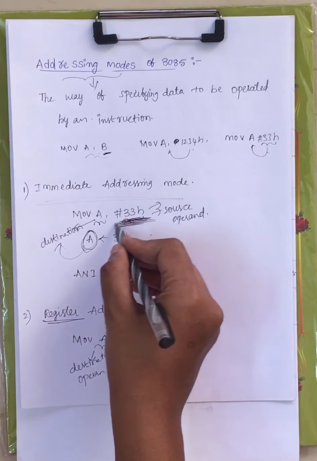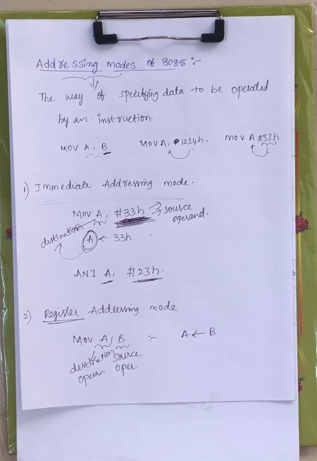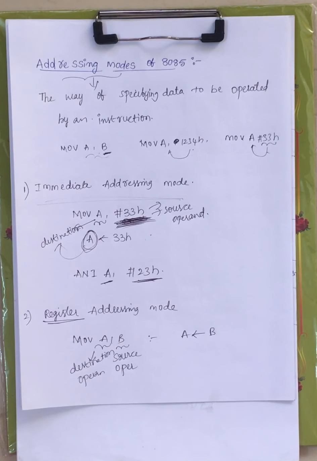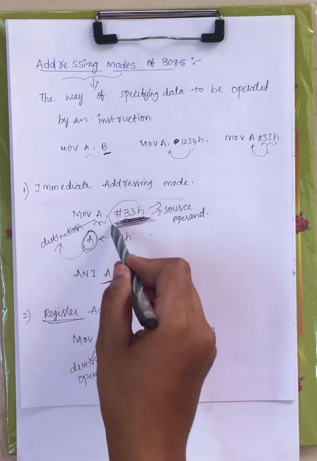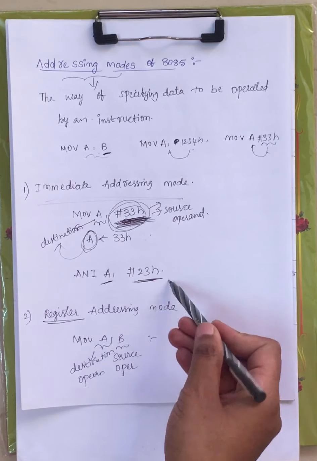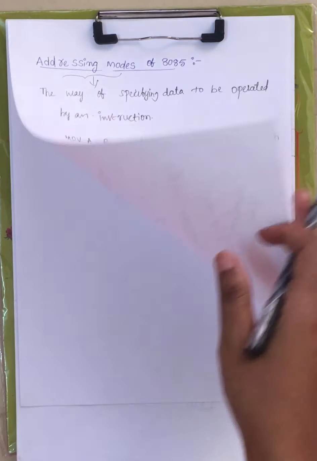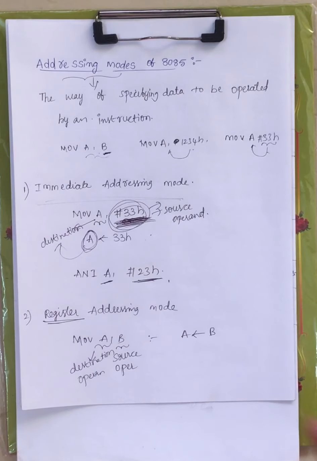Whether it is an immediate data, or a register, or a memory location, or a memory location pointed by the register pair, all this we are specifying as the data in an instruction.